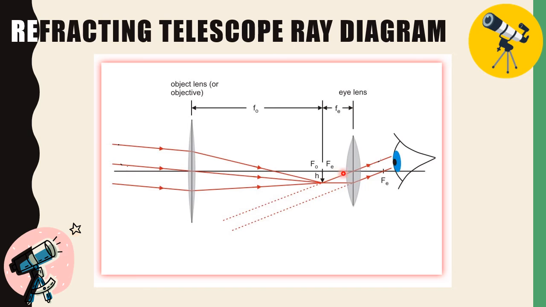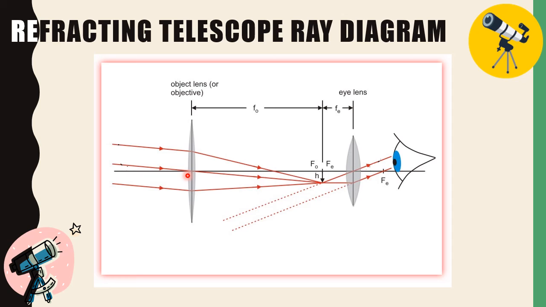So we can represent this ray diagram as you see on the screen. Just see here, we have three parallel lines and these are the imaginary incident light coming from the object.